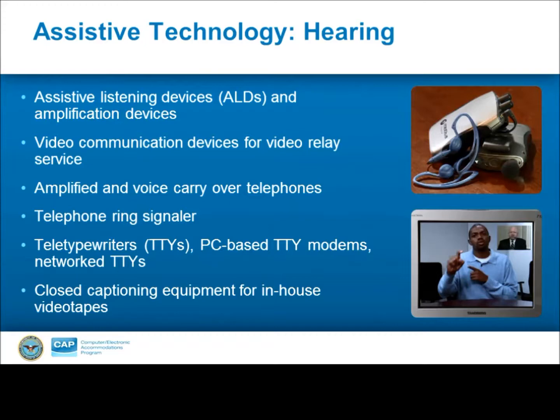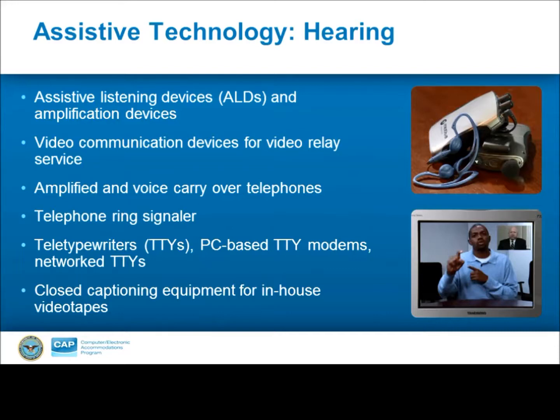There's types of amplified telephones and signalers that will let you know if your phone is ringing for an individual who might need that amplification on the phone versus in person. There are even text-based things such as teletypewriters or TTYs that interact either through a phone line or your computer that will allow an individual to communicate via text.